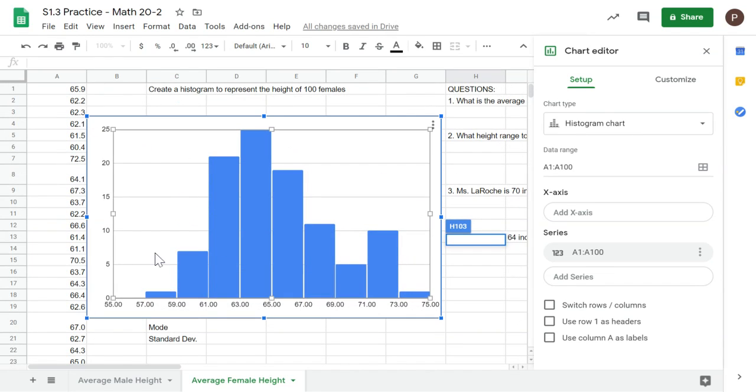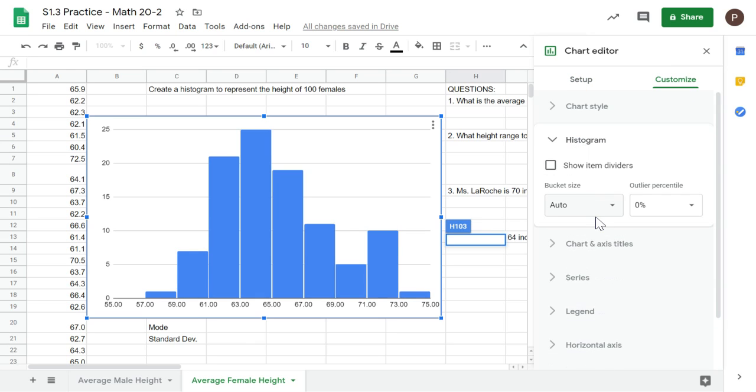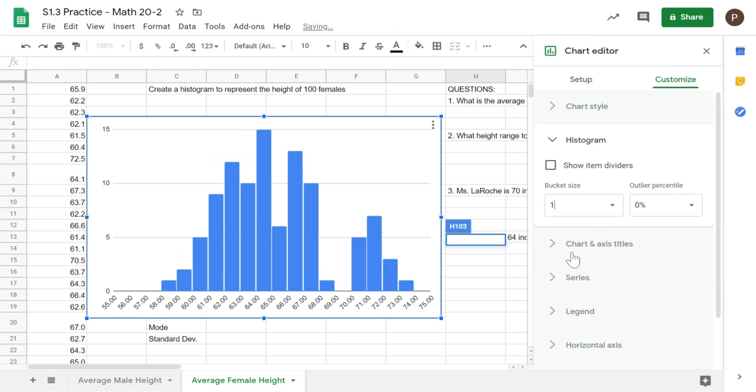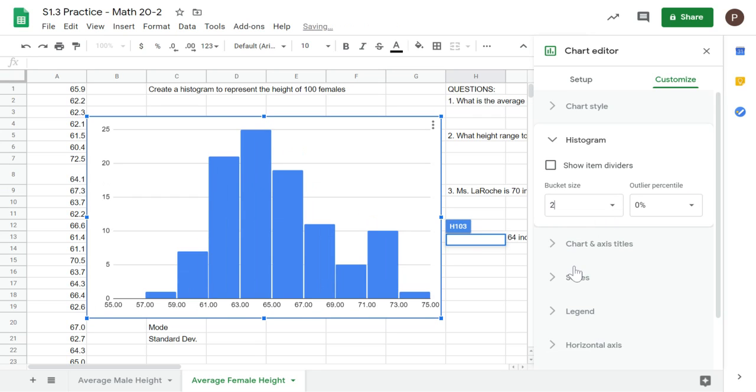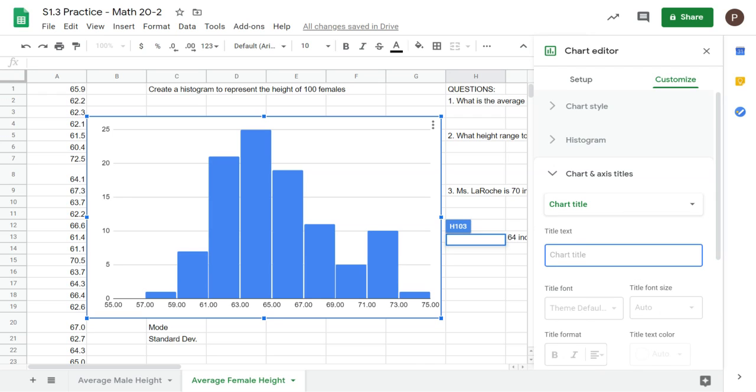Again, let's adjust our bin range a little bit, or our bucket size. Let's see what 1 looks like. That might be a little too much, so maybe we'll keep it at 2. This data looks a little more spread out than the male bucket size. Let's give this a title, female height.